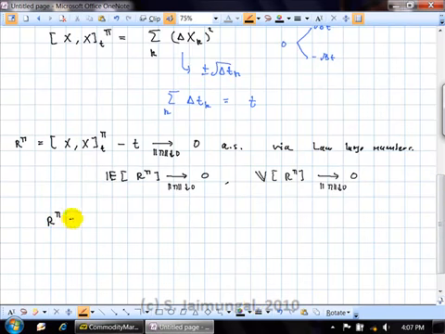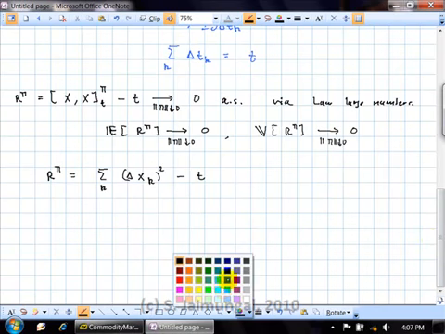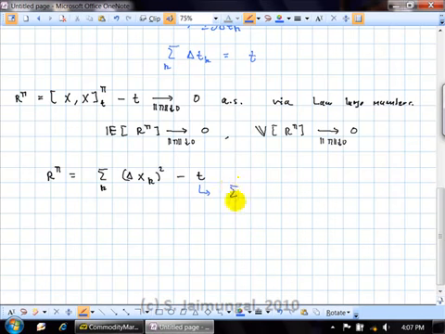So what is R for a particular partition? Well, we have the total variation written up there. It's this minus T, and here's our trick. Our trick is write T as the sum of the increments of T. We have a partition for time, right? I'm going to simply replace T by the sum over its partition.